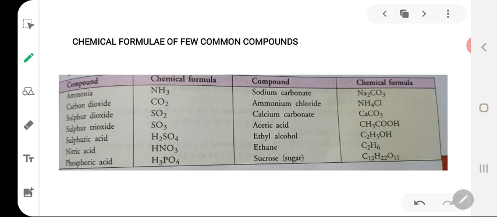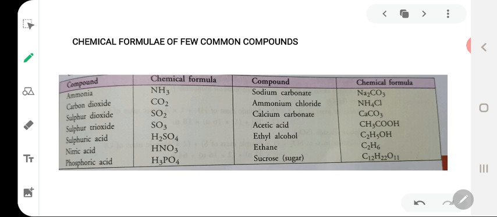Right now on your screen you can see the chemical formula of a few common compounds. So there is ammonia, that is NH3, carbon dioxide is CO2, sulfur dioxide SO2, sulfur trioxide SO3, sulfuric acid H2SO4, nitric acid HNO3, phosphoric acid H3PO4, sodium carbonate Na2CO3, ammonium chloride NH4Cl, calcium carbonate CaCO3, acetic acid CH3COOH, ethyl alcohol C2H5OH, ethane C2H6, and sucrose C12H22O11.